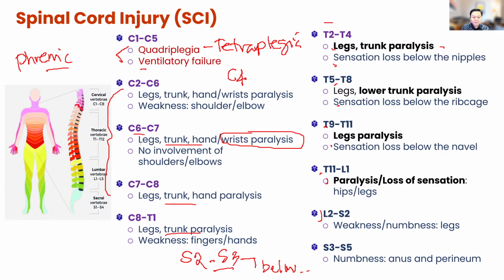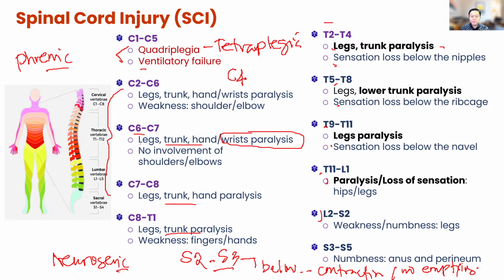Please take note of that. If the injury happens between S2 and S3, there's still going to be contraction of the bladder, but they will not be able to empty the bladder completely. There is contraction, but no emptying. And this is what we refer to as the neurogenic bladder, which is basically one of the most common complications of spinal cord injury.